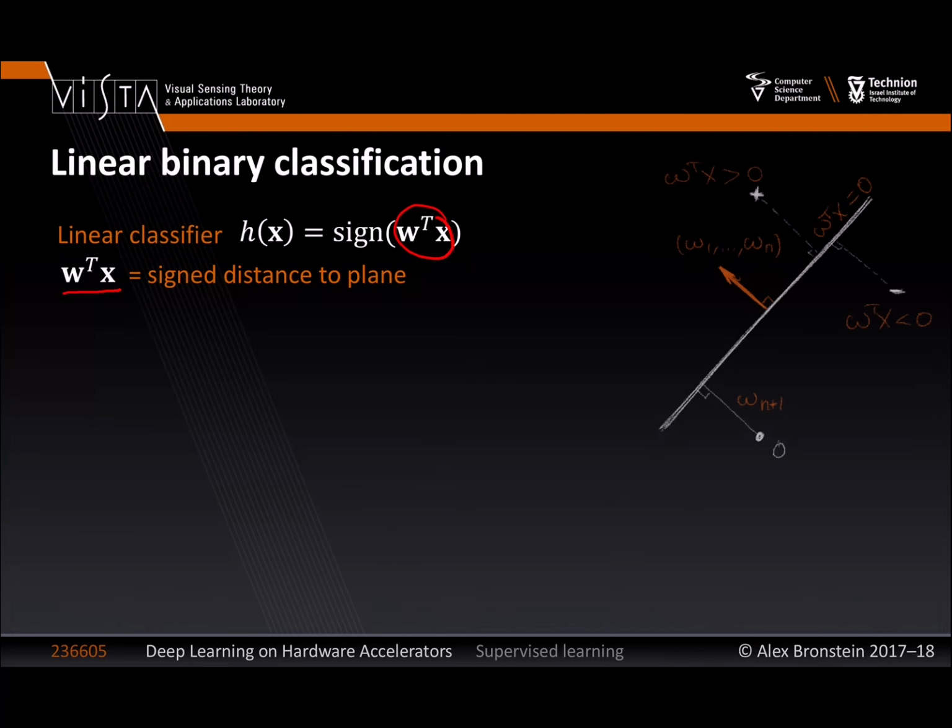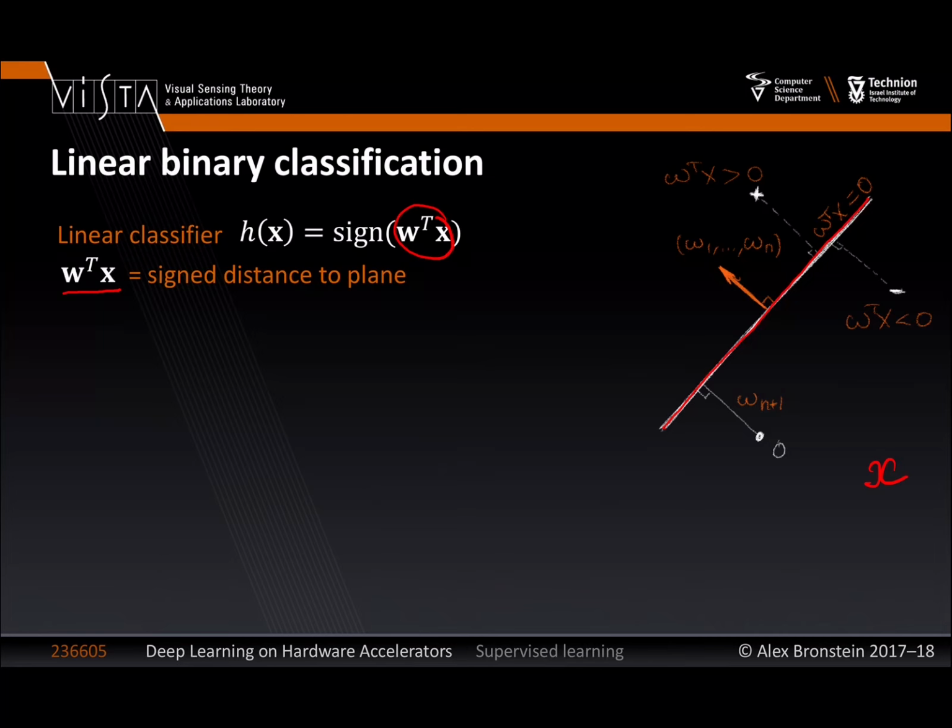It is a signed distance to a plane or a hyperplane. I have an n-dimensional space. This is my instance space x. I was not given an n-dimensional screen, so please satisfy yourself with a two-dimensional screen. So this is my hyperplane that I drew here.